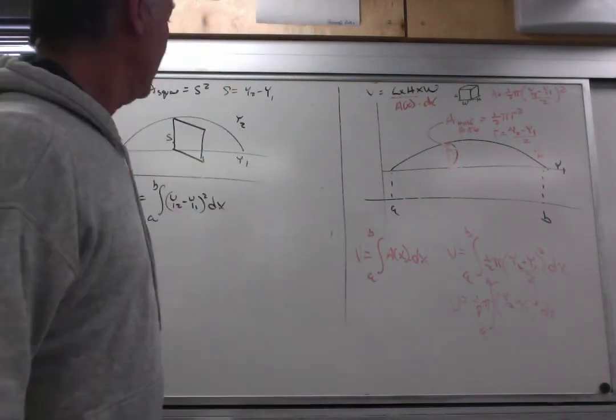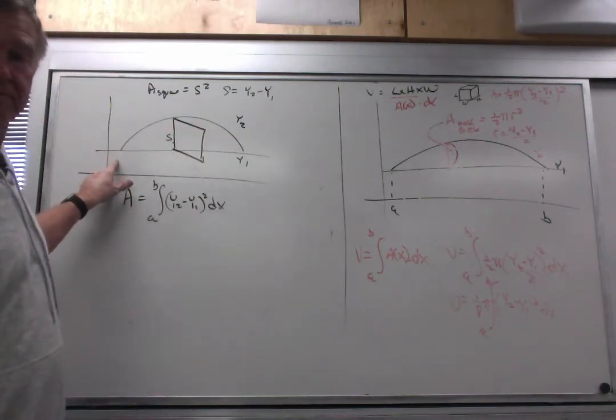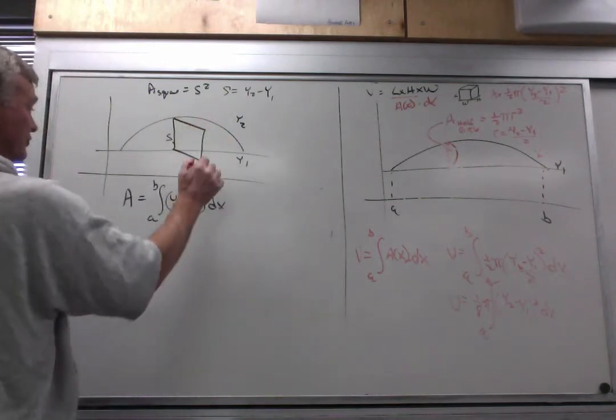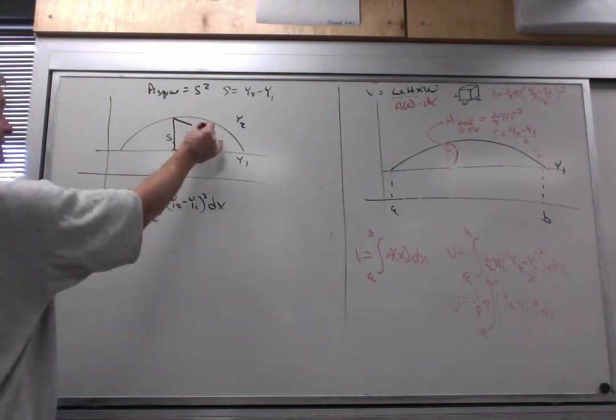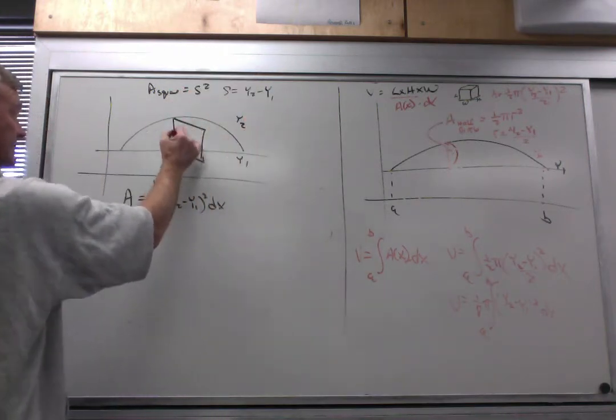I'm not sure where I left off, but I was doing the area of a square, where the areas are squares. This would be my square, area of a square is side squared, and y2 minus y1 is the side.